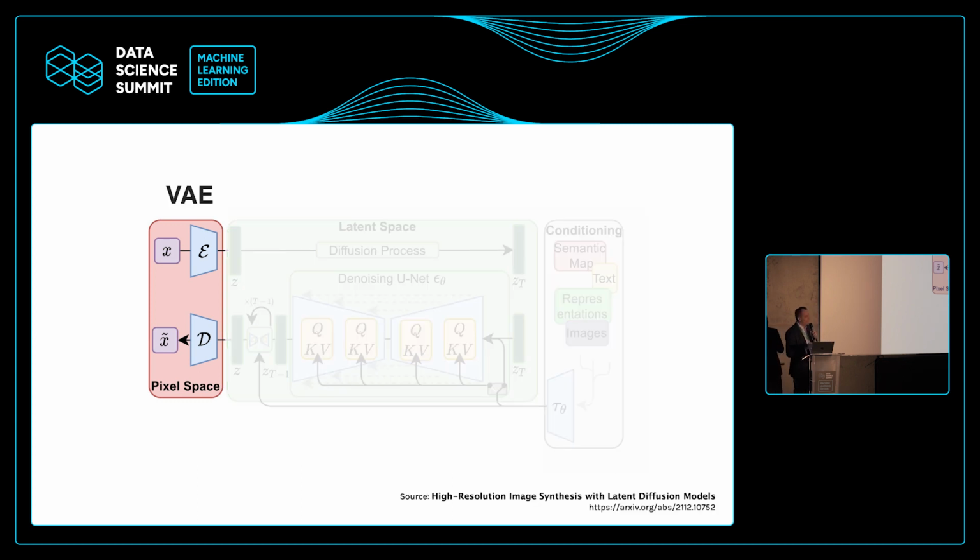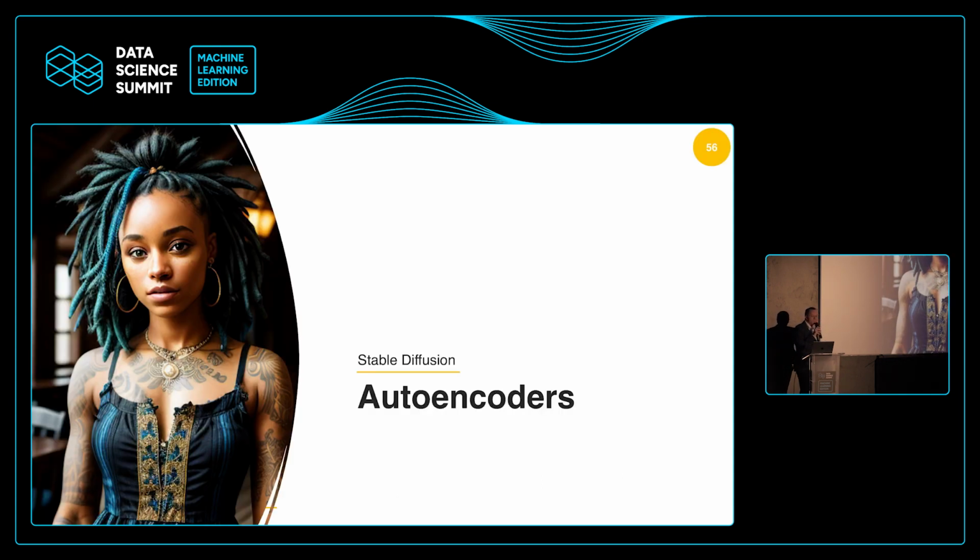And this is where variational autoencoders come in handy, or even crucial, I would say, because it allows us to get that 64 by 64 image and turn it into 512 by 512. Ridiculous, right? How is that even possible? Well, let's see. So to understand this, we have to talk about autoencoders.